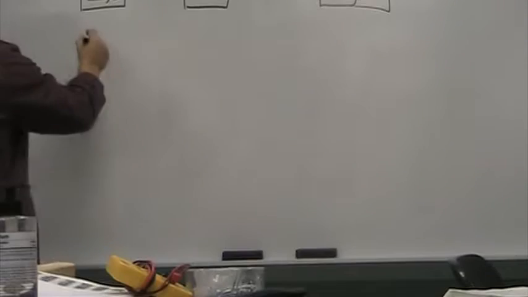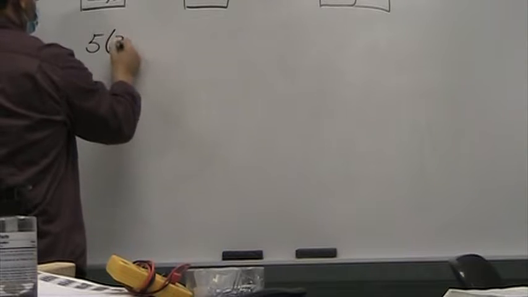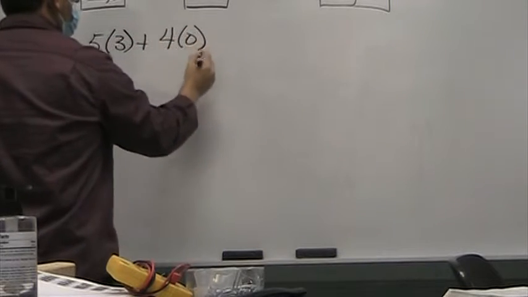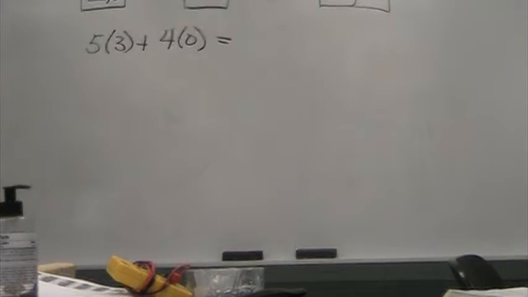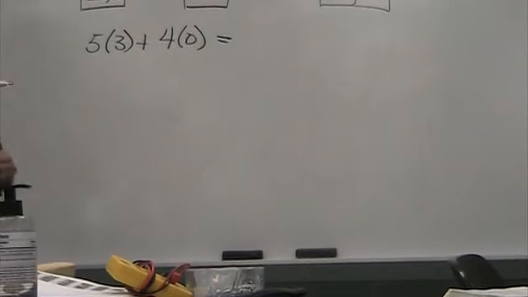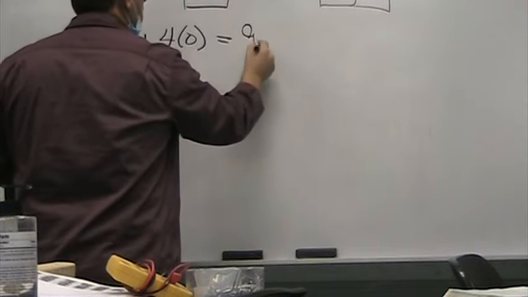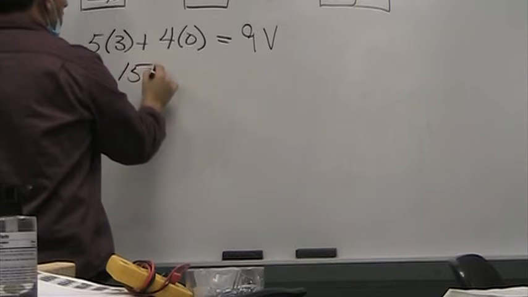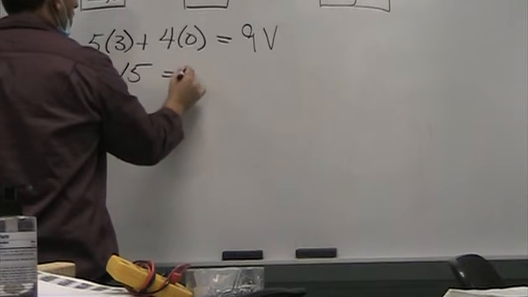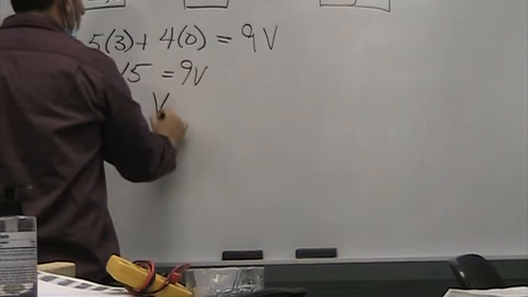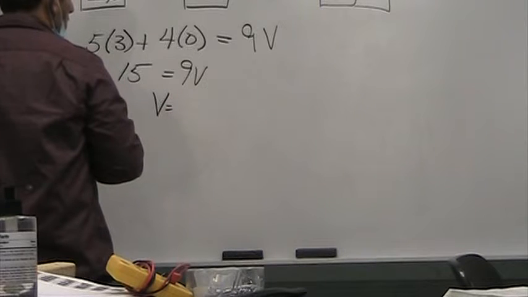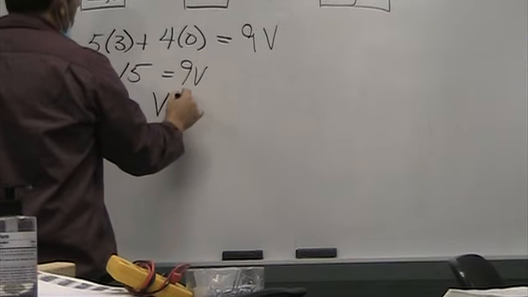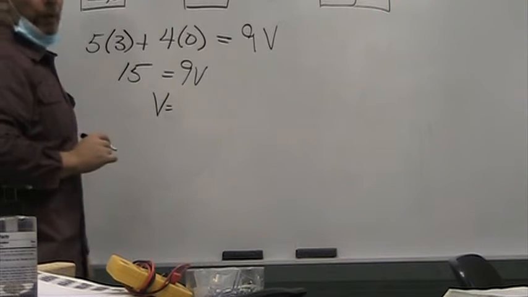So watch: 5 times 3 plus 4 times 0 is equal to, since they stick together and are like one unit, 9v, the new velocity. So 15 plus 0 is equal to 9v. What does v equal? 15 over 9. How about reduced into decimal form?